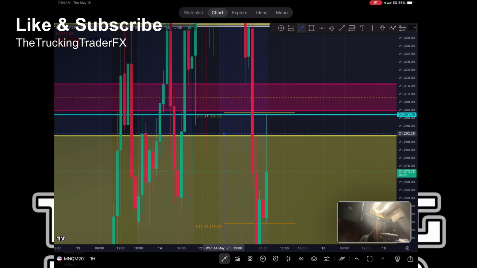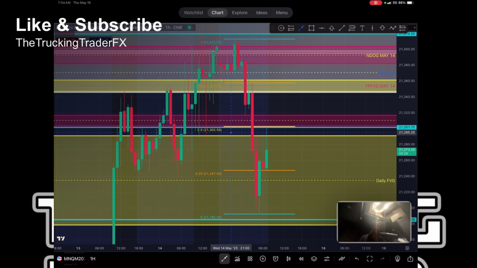This yellow line is just the 50% level of my Fibonacci tool, just the midpoint of my Fibonacci range, from swing high to swing low. So this entire range is what I measured out where my yellow line is at.